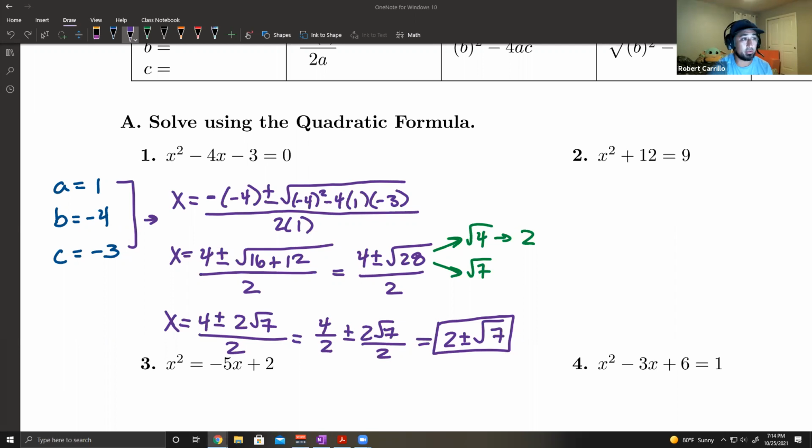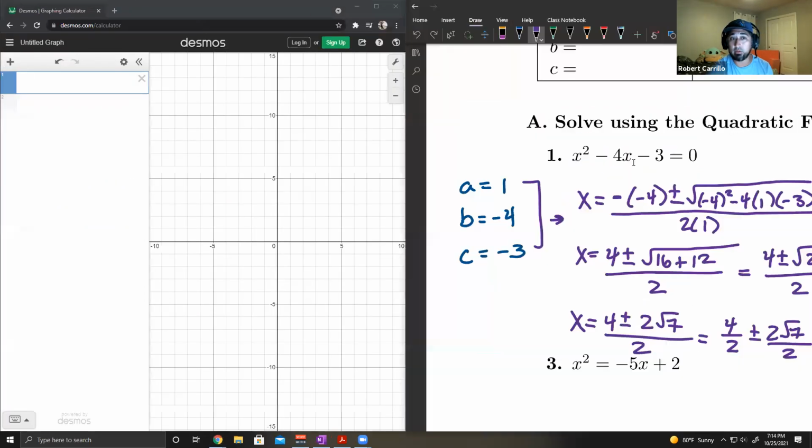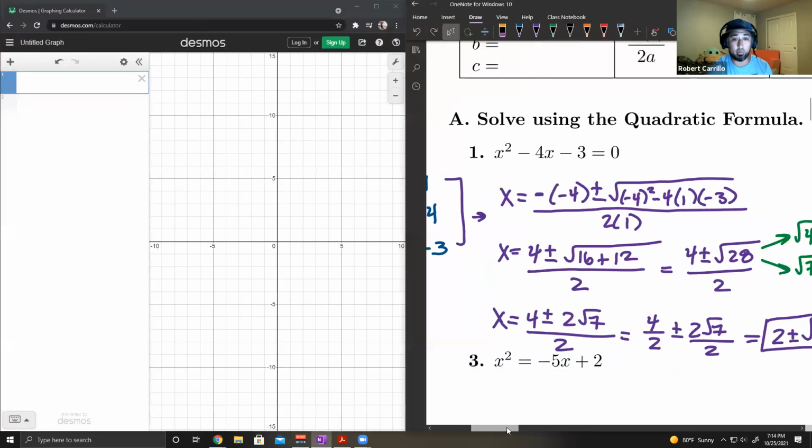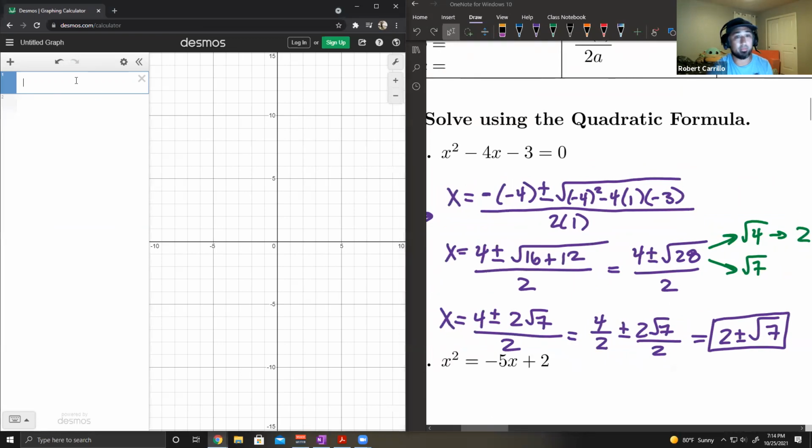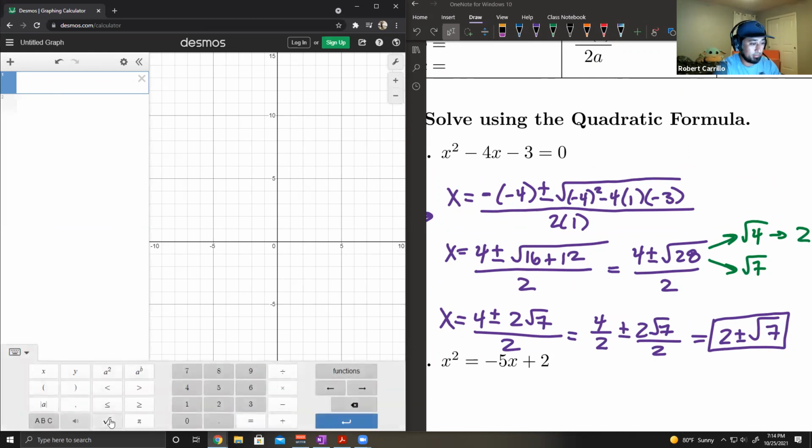If you were to try to figure out what the square root was on a calculator, I would do the square root first. So I would say square root, and then type everything as I have written it down: -4 squared, and then -4 times 1 times -3.